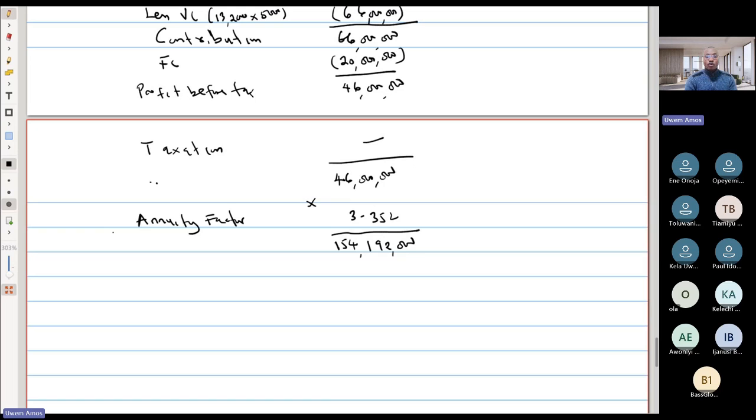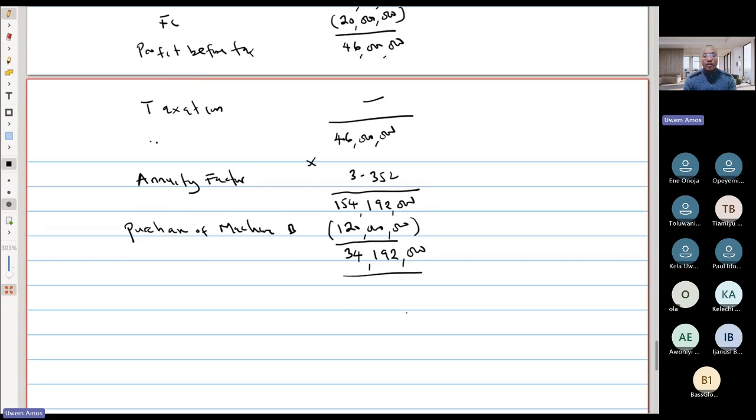Now, how much will it cost us to purchase machine model 2? Machine B is 120 million. So what's our net benefit? Our net benefit is 34,192.